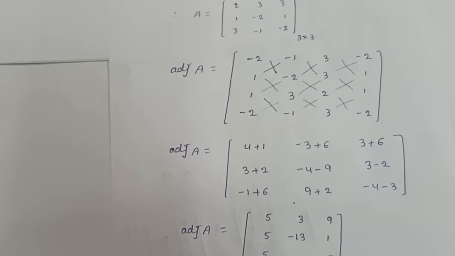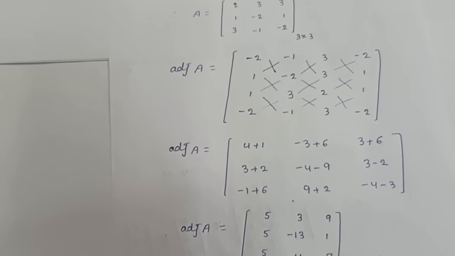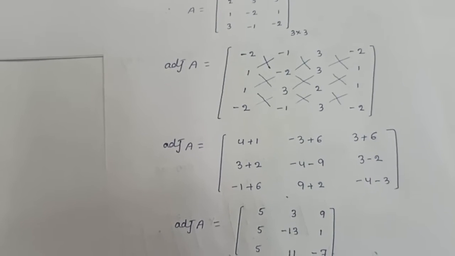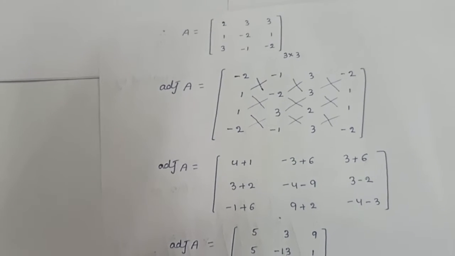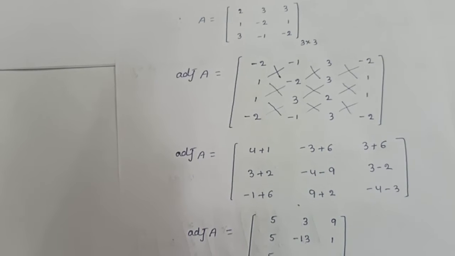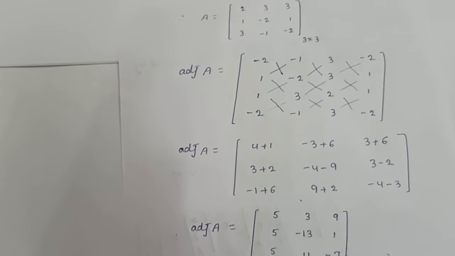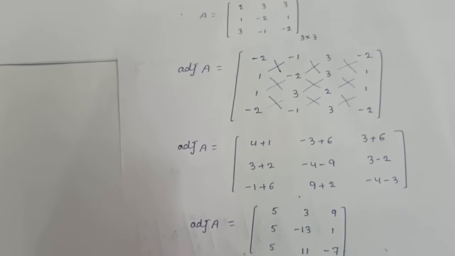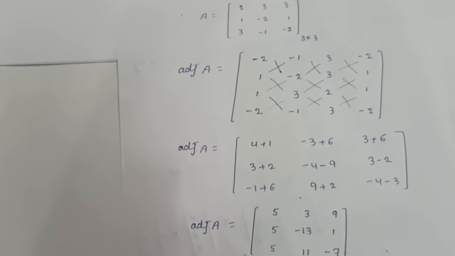Again minus 2. Third row middle element is minus 1. Again minus 2 and 3 and minus 1. First row middle one is 3, next element 3, next element is 2, next element is 3.